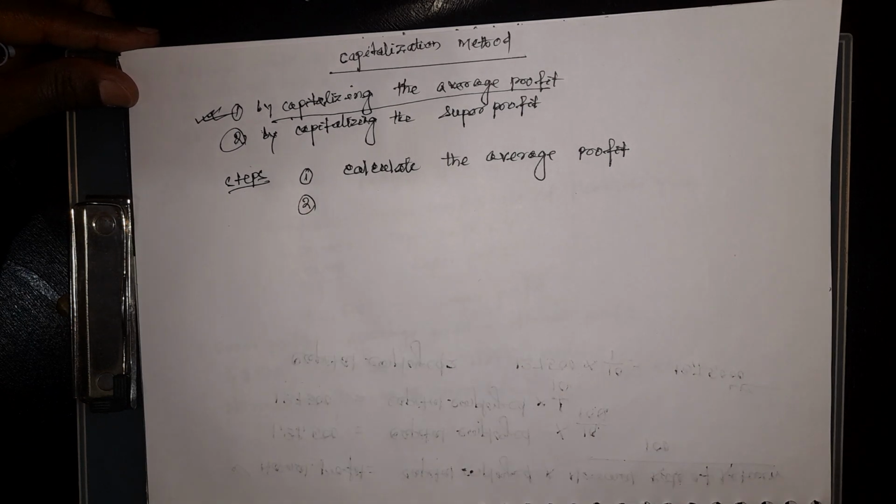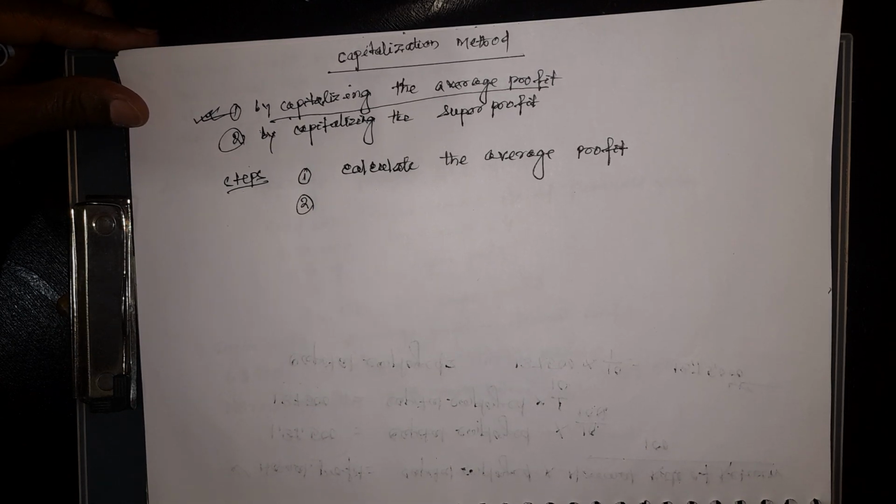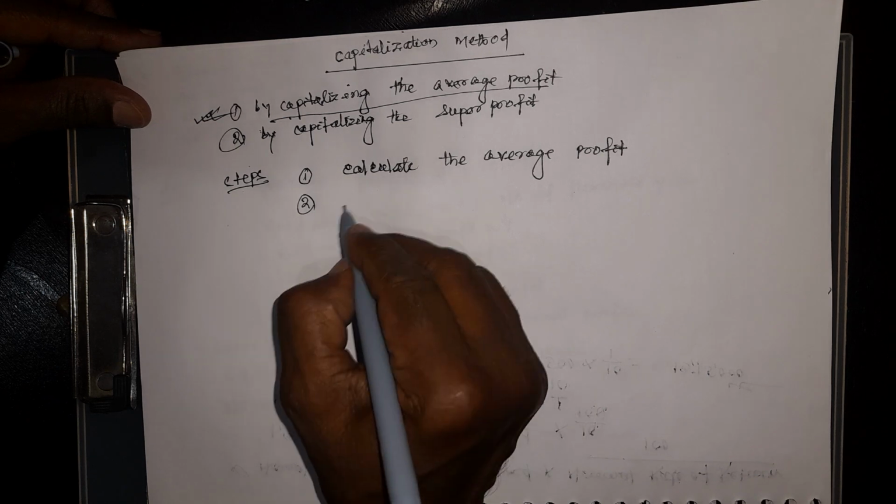Second step, what will we do? Capitalize the average profit on the basis of the normal rate of return. This is the second step.